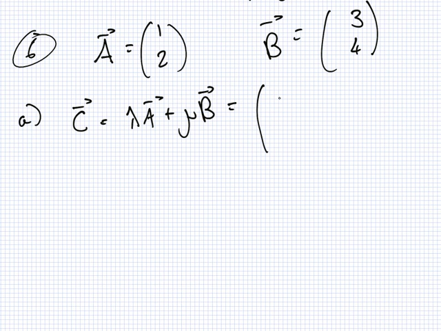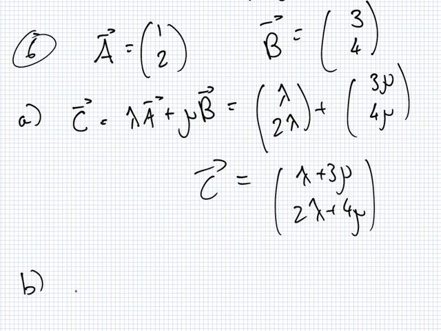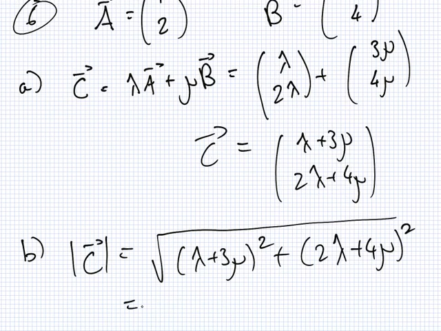So all you can really do here is say this is lambda, 2 lambda plus 3 mu, 4 mu, which I can just add together to make lambda plus 3 mu, 2 lambda plus 4 mu. So that's the simplest I can make vector C. Okay, B. What's the magnitude of C? Well, the magnitude of C will be the square root of lambda plus 3 mu squared plus 2 lambda plus 4 mu squared. Right, let's calculate this.